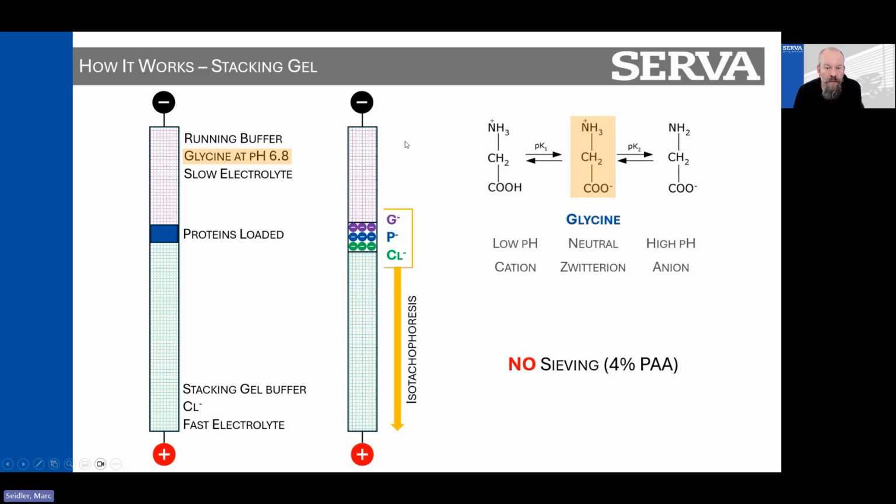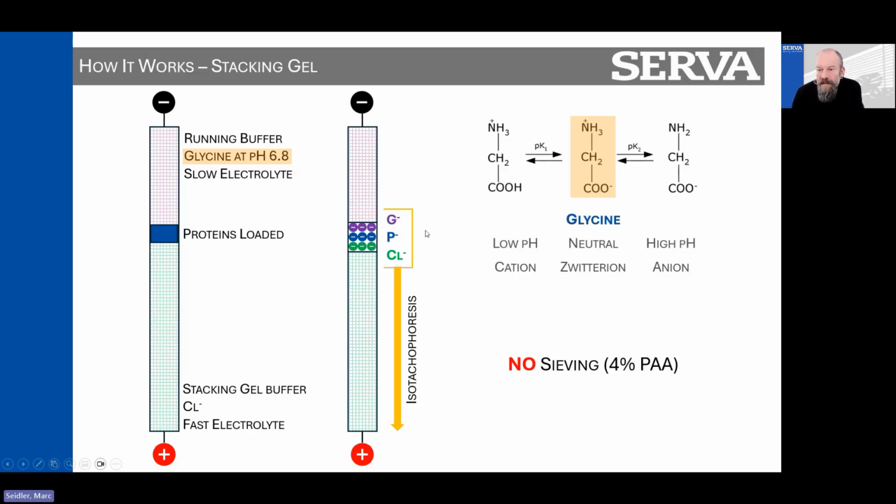And so when glycine, the proteins, and the chlorides enter this stacking gel with pH 6.8, you will have this isotachophoresis effect, where the chloride is the leading ion, the glycine is the trailing ion, and the proteins are caught in between.